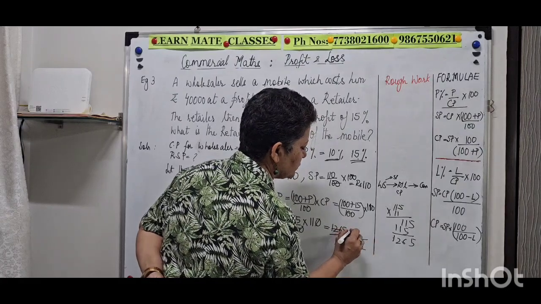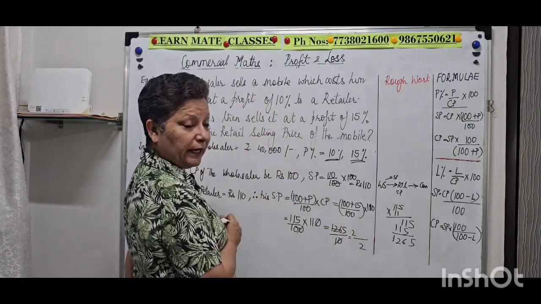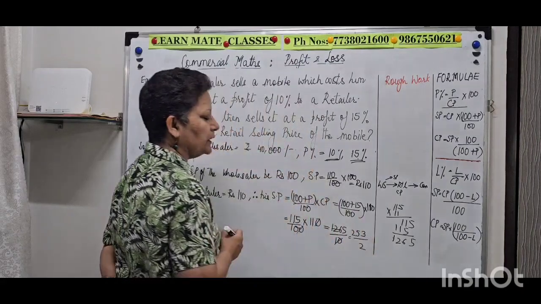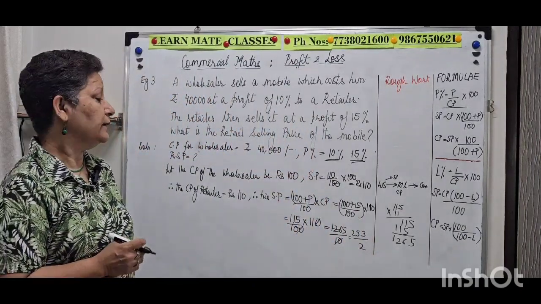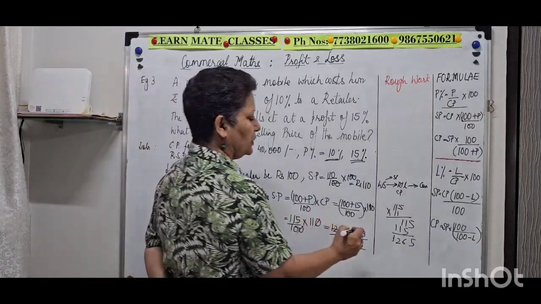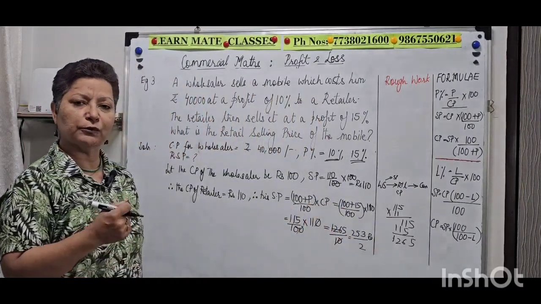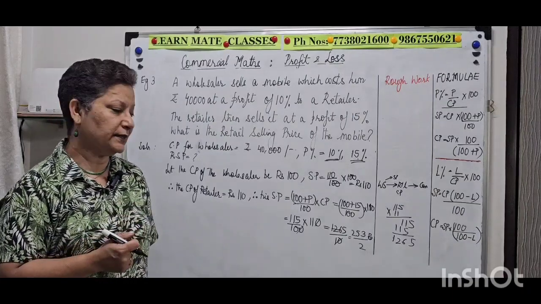It goes 2 times first, leaving a balance of 2. In 26, 5 goes 5 times, and this is 253 upon 2, right? So I'm not going to change this fraction into a mixed number. Why? Because I'm going to be using this in a minute.